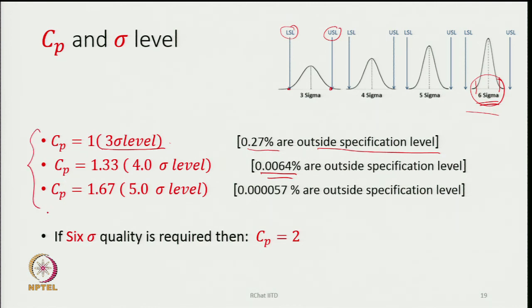So, Cp 2 means very low defects will be produced, which is almost difficult to achieve, but many high end industries are trying to achieve this value.